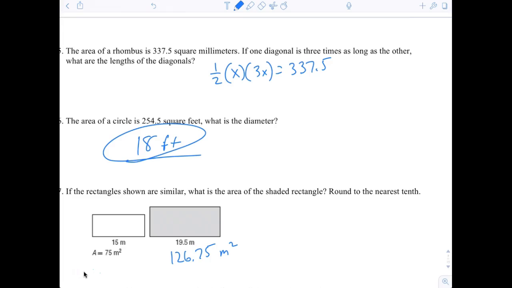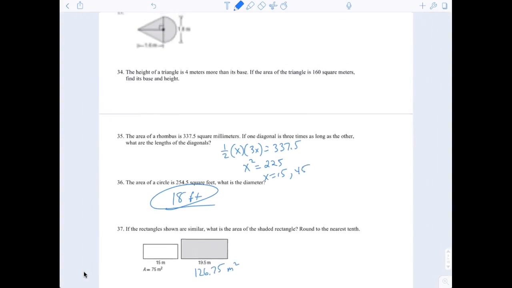Do I agree with that? So somebody tell me what x squared equals in this case. 225. So x is equal to 15. Now don't stop there. You have to make sure you answer the question. What are the lengths of the diagonals? 15 and what? 45. Okay, I'm pretty happy with that.